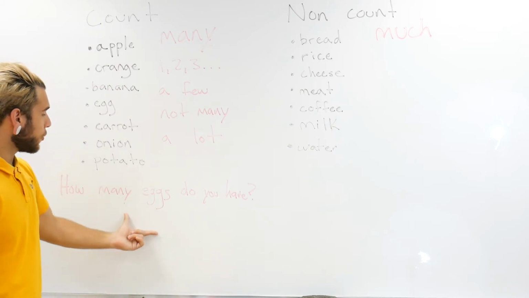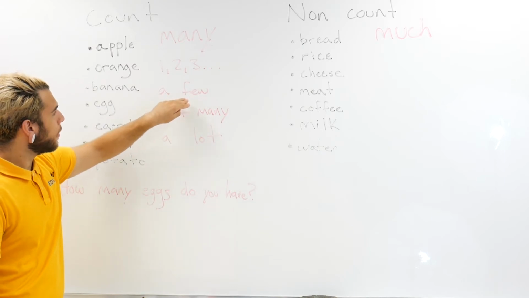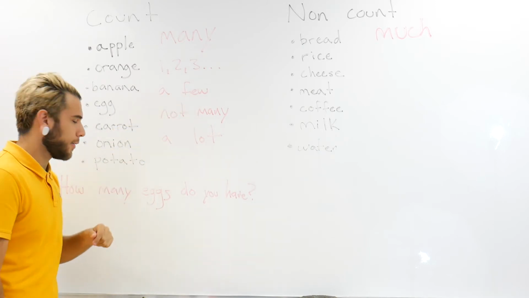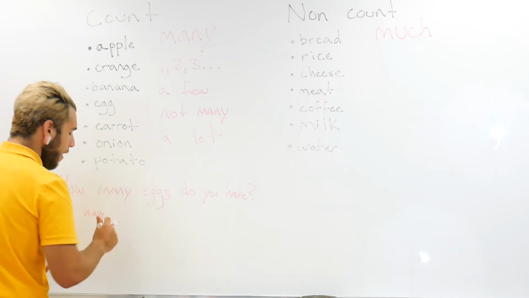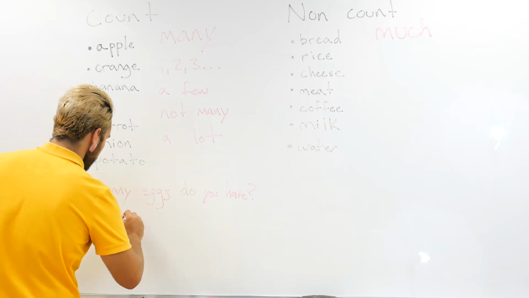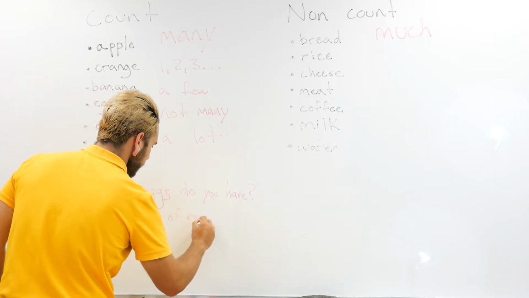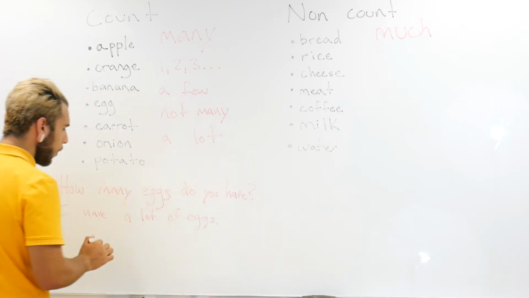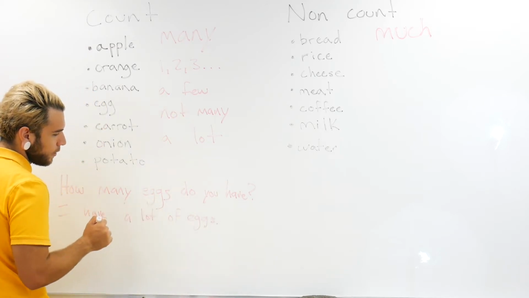So again, you answer this question with either a number or a few, not many, a lot. I have a lot of eggs. Or you can say I have a lot, because we know that the subject is eggs.